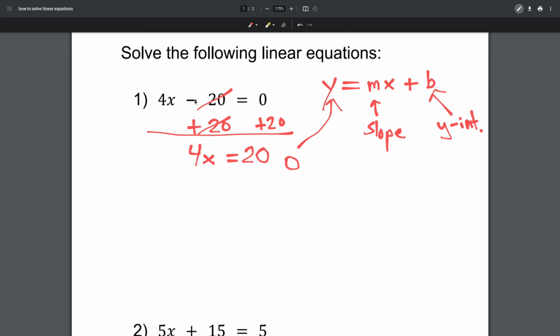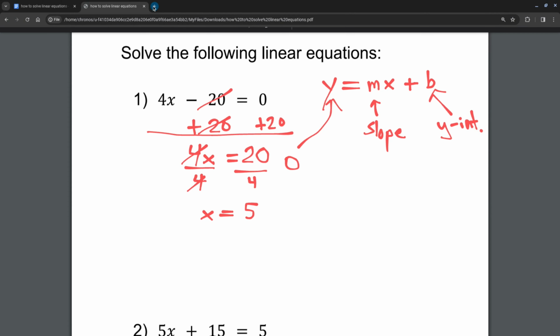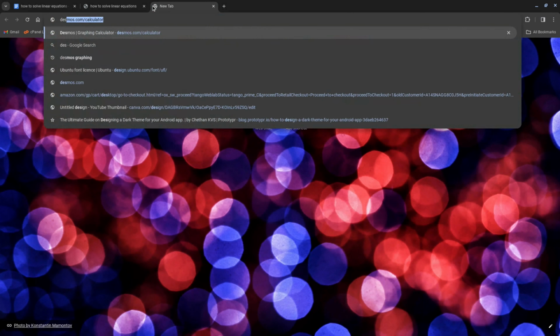Okay, so I've undone the subtraction. So now I have to do the inverse operation of multiplication because 4 is multiplied by x. So I'm going to divide both sides by 4, and then I get x equals 5.